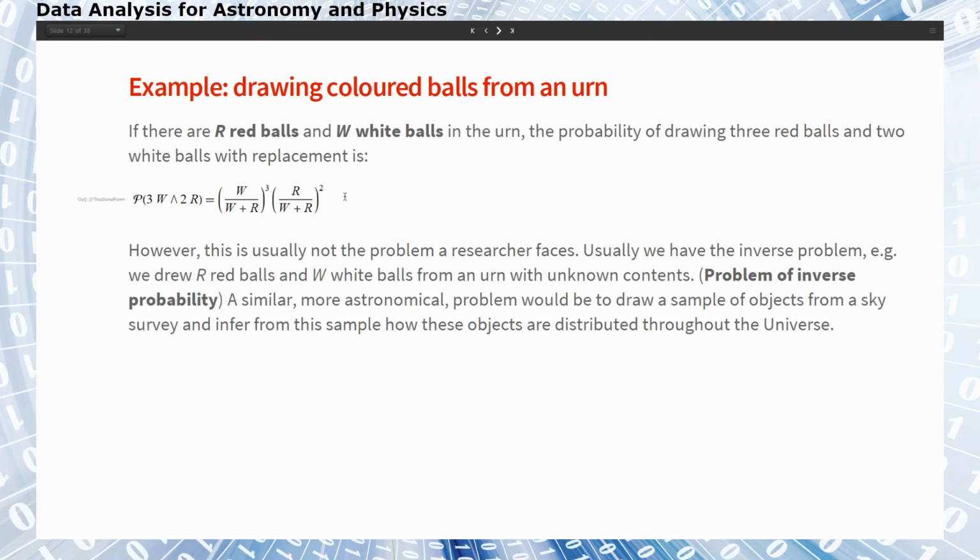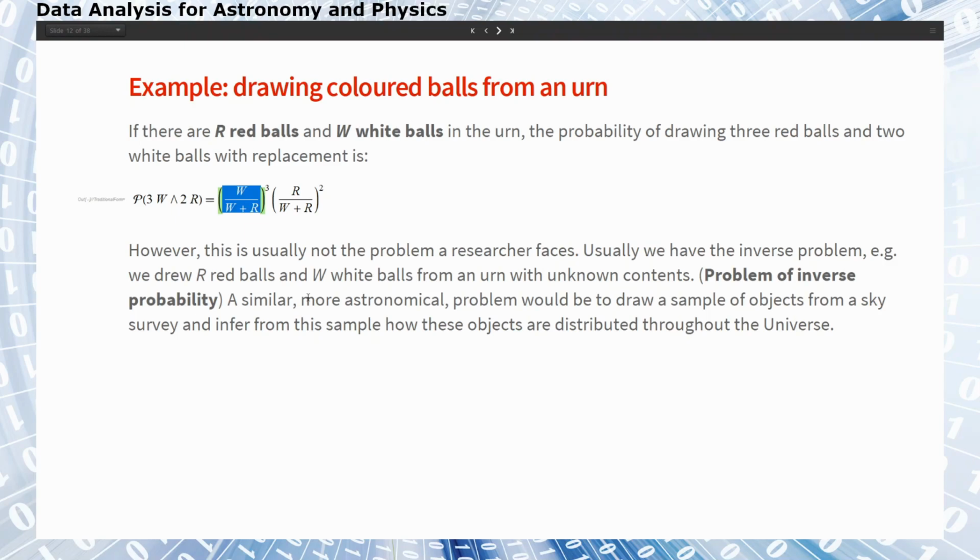So this is simple, but it is usually not a problem a researcher faces. Usually we do not know R and W. We can draw from the urn and note down the number of red and white balls, but we have no idea on the probability of drawing a red or a white ball. So that's the inverse problem.